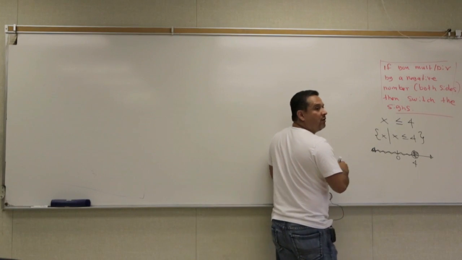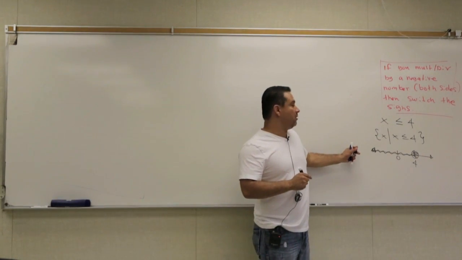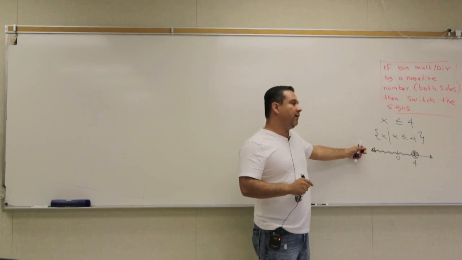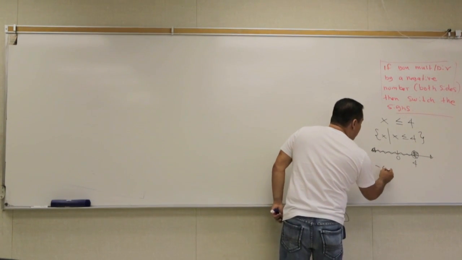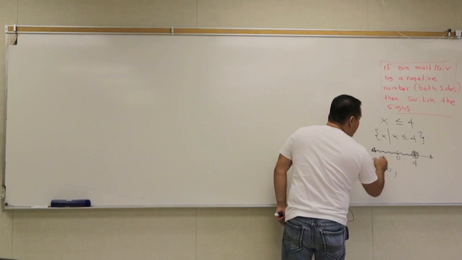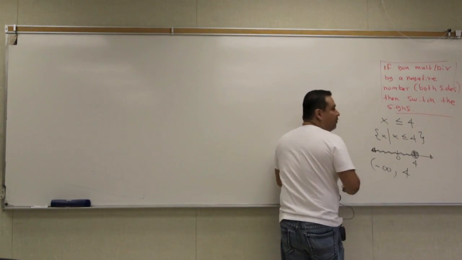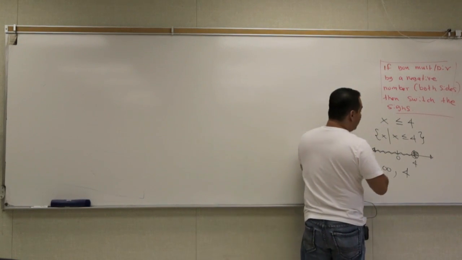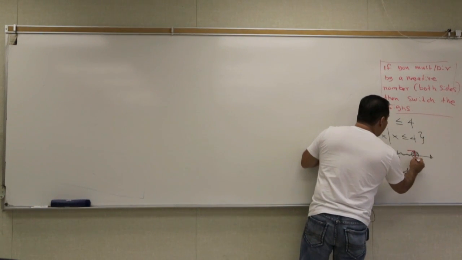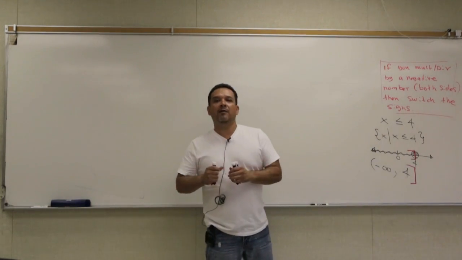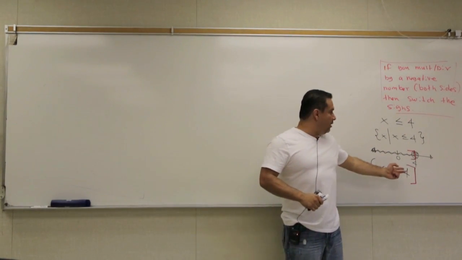What about interval notation? You start on the left. We're starting at negative infinity and walking all the way up to 4. I'm going to have to put a bracket. Why do we put that bracket? It means you include 4.